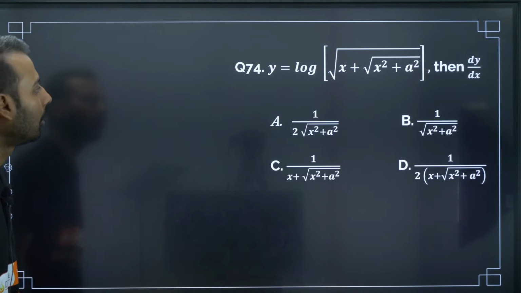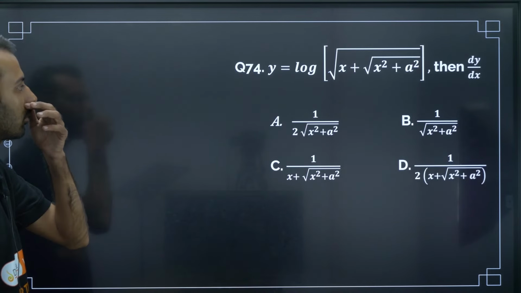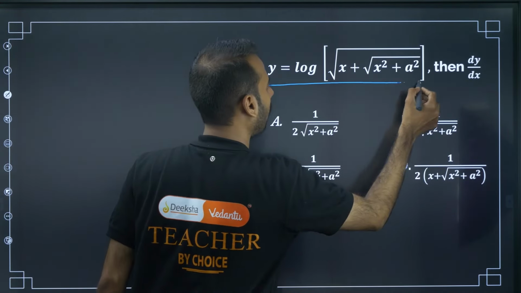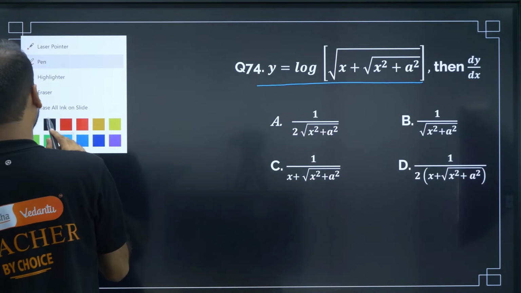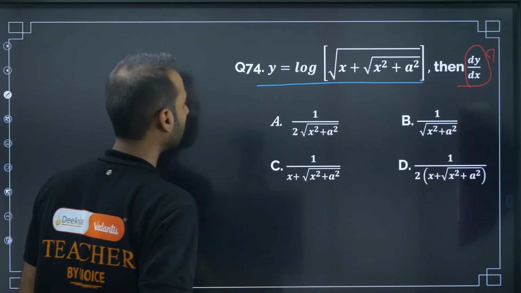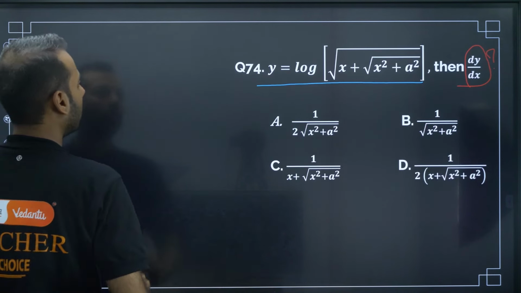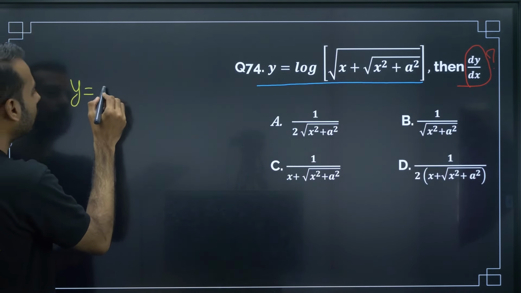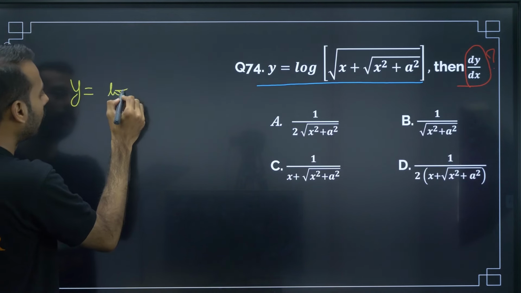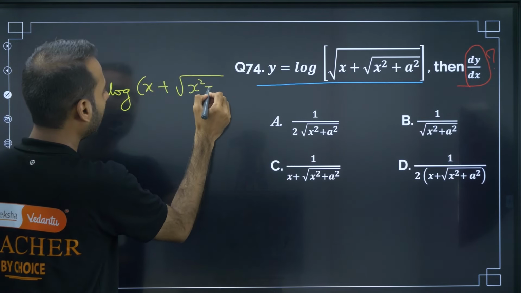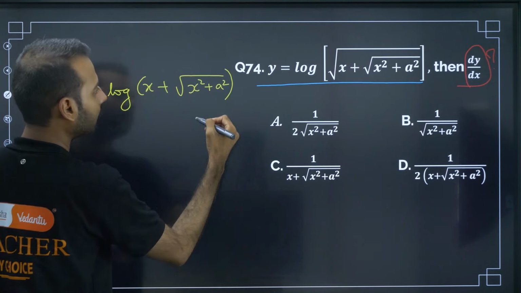Moving on to next question. y is equal to log under root of, so one function they have given. They are asking to find dy by dx. So y is equal to log of root of x plus root of x square plus a square.